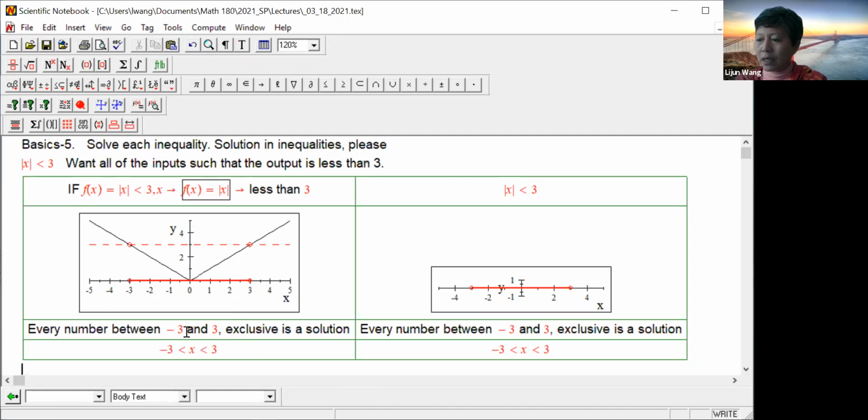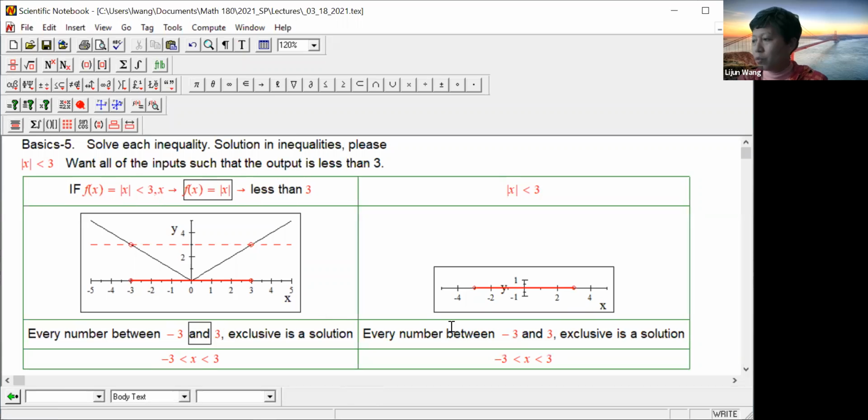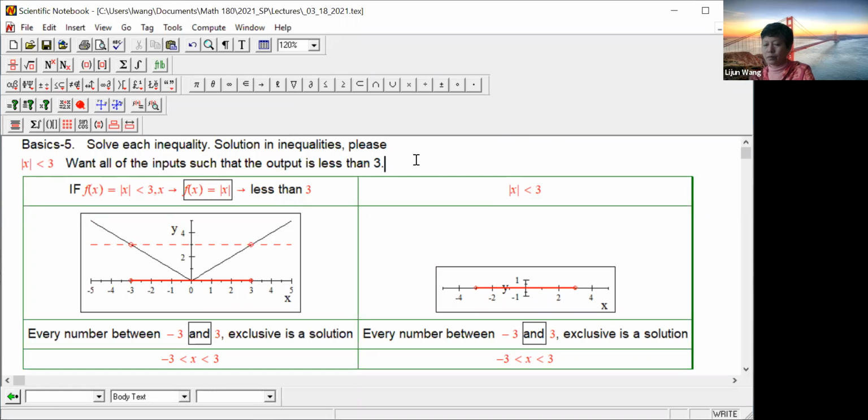Among these wordings, the word "and" is the key word. Is that clear, everybody? All right.